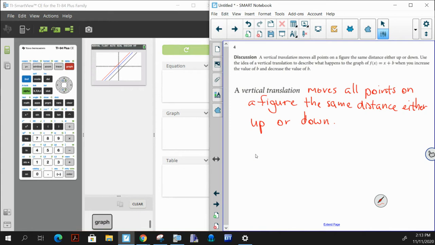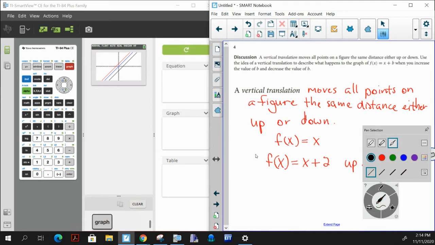For example, the first one was f of x equals x. That went through 0, 0. But then that red one was f of x equals x plus 2. It moved up 2 units. The black one there was f of x equals x minus 3.